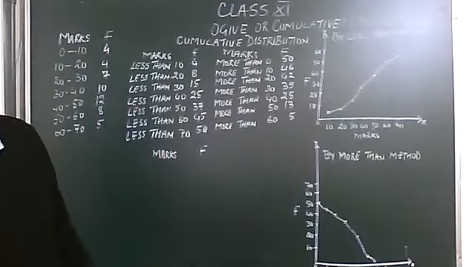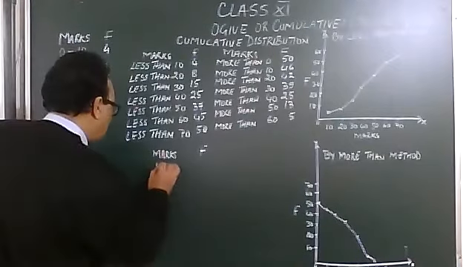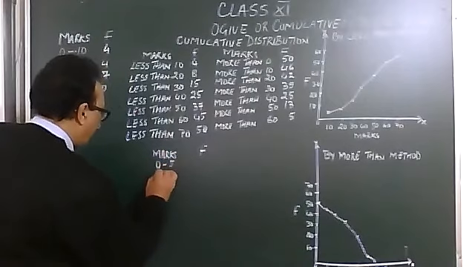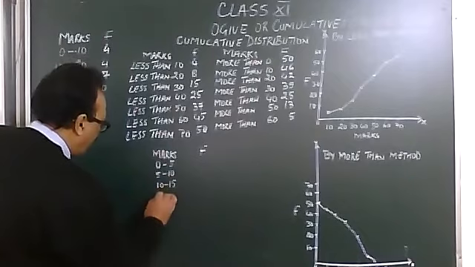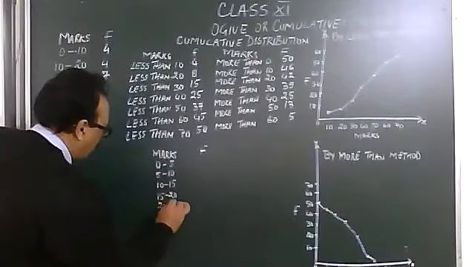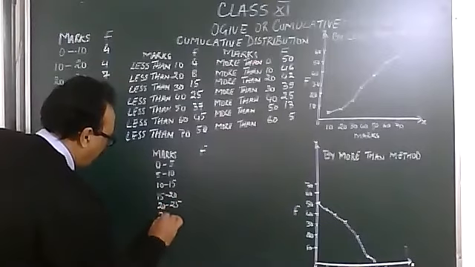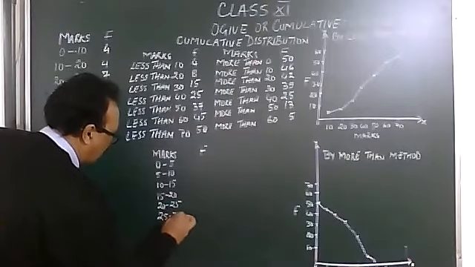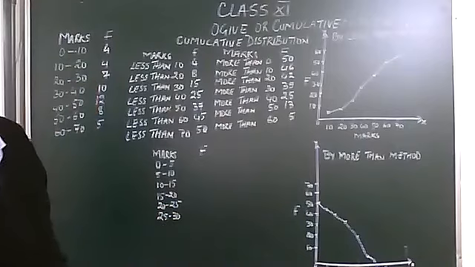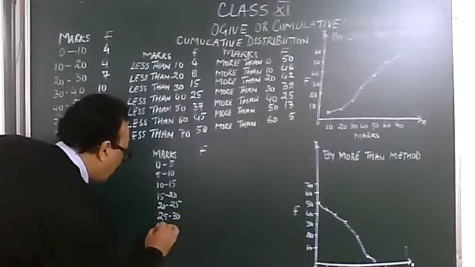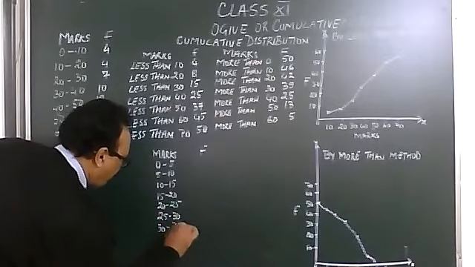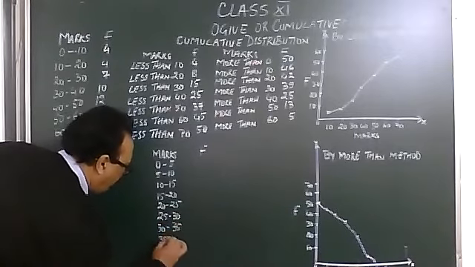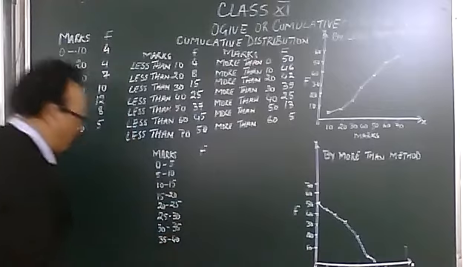The marks given are 0 to 5, 5 to 10, 10 to 15, 15 to 20, 20 to 25, 25 to 30, 30 to 35, 35 to 40.